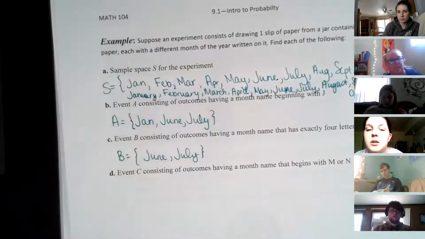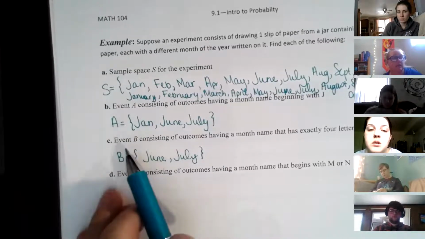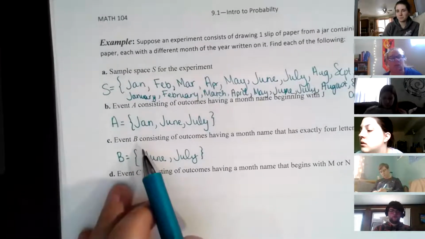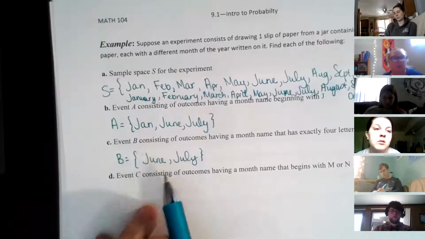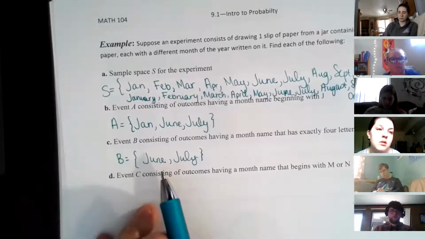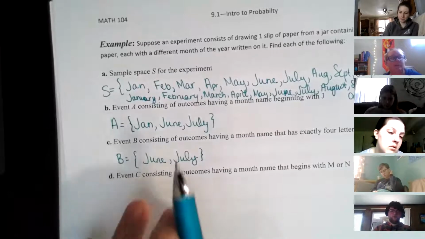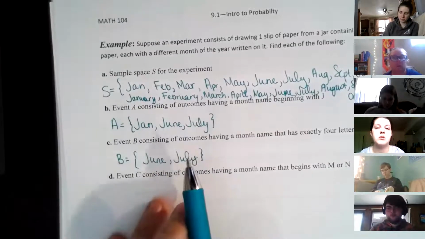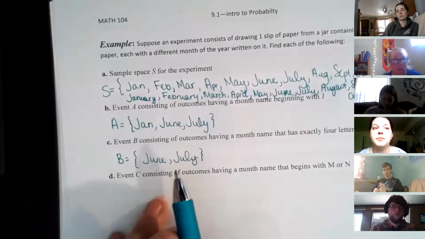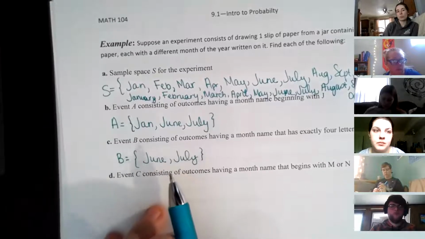In this case, we're actually looking at the way that this event would happen. And when we look at the sizes of those sets, that's where the 3 out of 12 or the 2 out of 12 will come from.